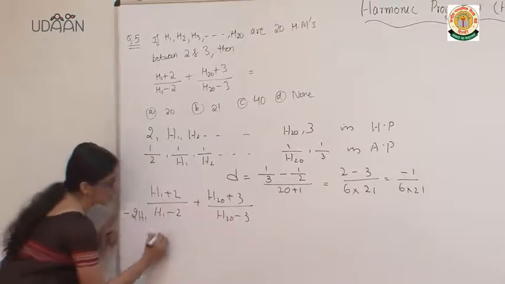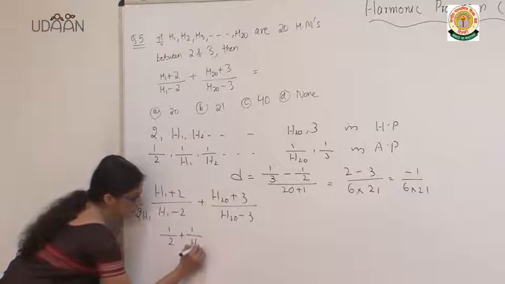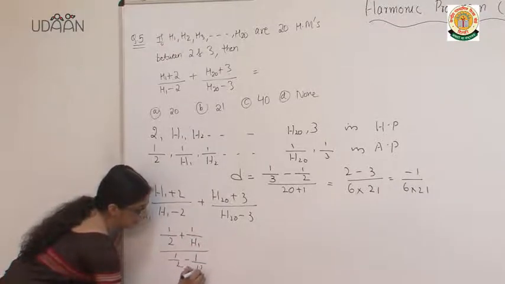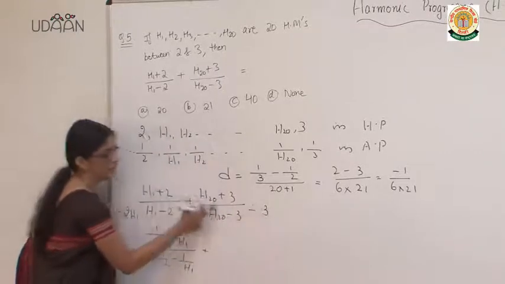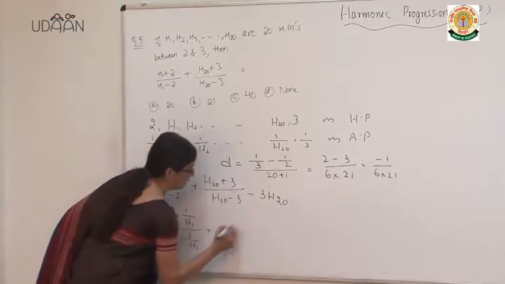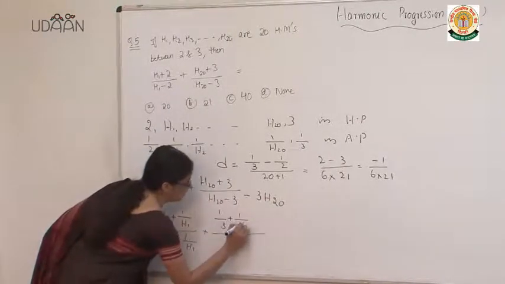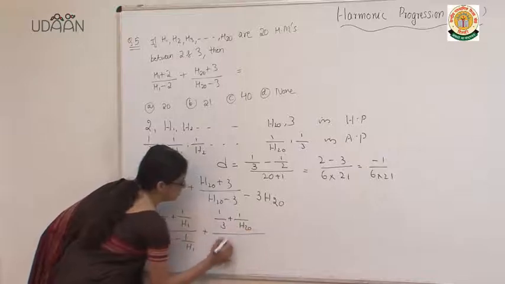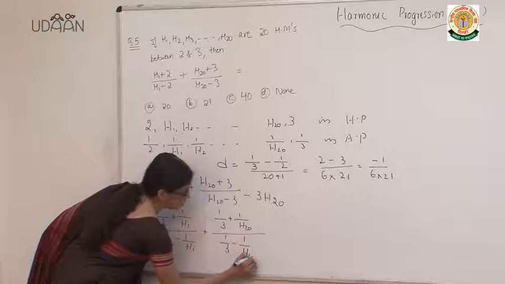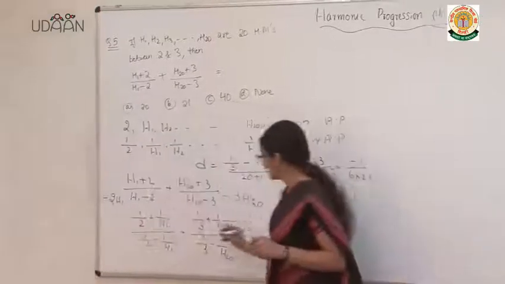So what do we get? 1 by 2 plus 1 by H1 divided by 1 by 2 minus 1 by H1. Similarly, divide numerator and denominator of the second term by thrice of H20 to get 1 by 3 plus 1 by H20 divided by 1 by 3 minus 1 by H20. Let us do the calculations here.